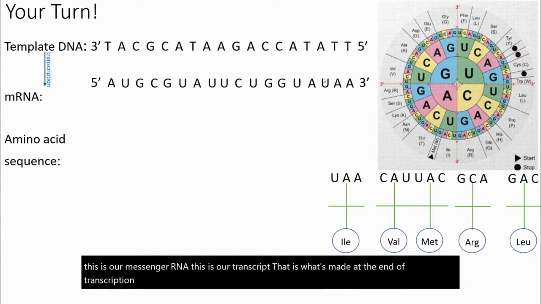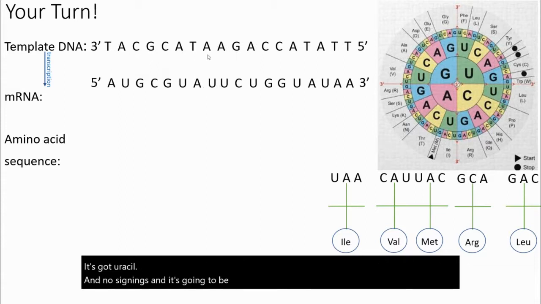So again, pay attention. The messenger RNA is always 5' to 3'. It's got uracils and no thymines, and it's going to be anti-parallel and complementary to this strand of DNA nucleotides. The biggest mistake I see people make is they forget and put the T's here in the RNA sequence, and that is not correct, okay?